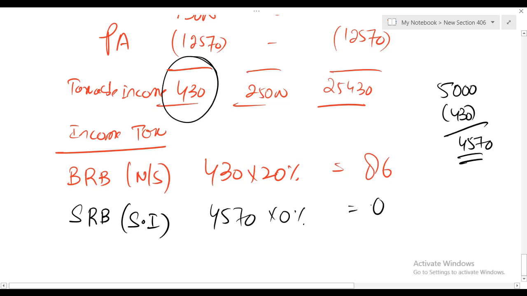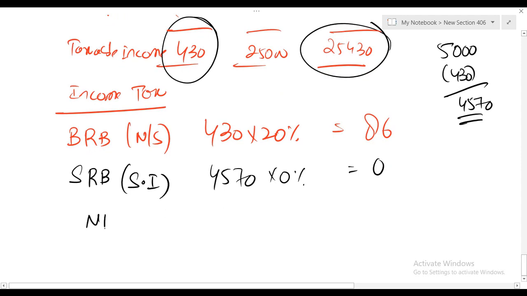Great. Now I just need to check for the nil rate band. Look at this amount, 25,430. By looking at 25,430, we can easily decide this individual is a basic rate taxpayer. Since this individual is a basic rate taxpayer, he gets only the nil rate band of £1,000. Wow, which is too good.